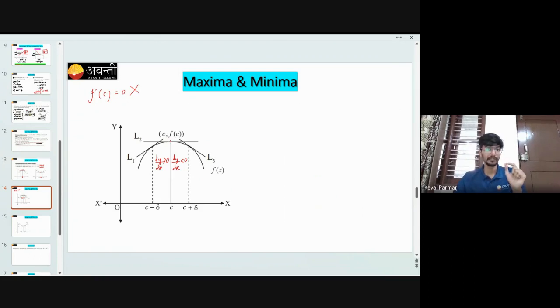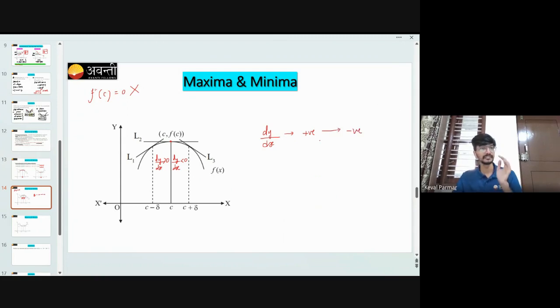So you can see here clearly that before and after the stationary point, the derivative changes its sign. Like for maxima, it was greater than 0 and then it became less than 0. So dy by dx went from positive to negative.